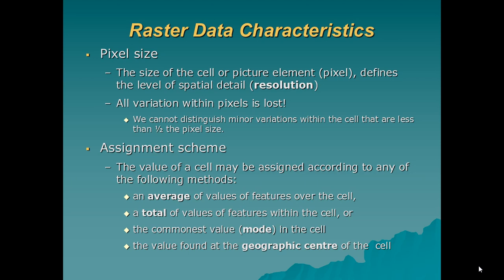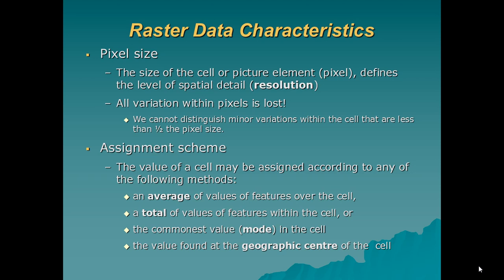Before we move on to the raster data structure, let's recap some of the characteristics of the raster data model. We all know that the raster data model represents our data in a series of cells, and each of those cells will carry a value.